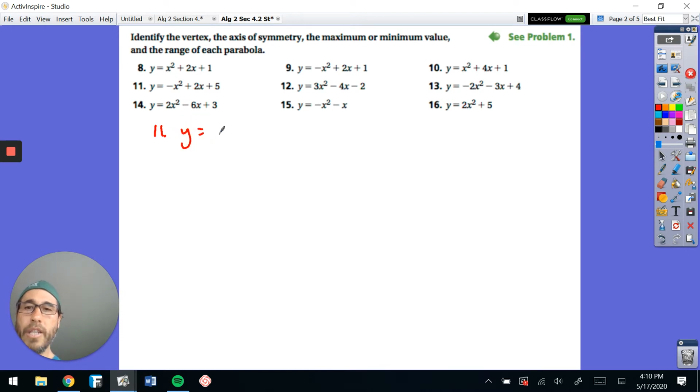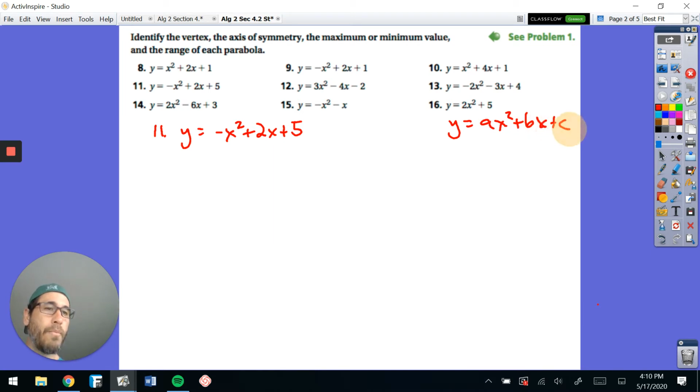So let's go y equals -x squared plus 2x plus 5. Now remember, our standard form is this. The first thing we want to do is find out what A, B, and C are. A is -1, B is 2, and C is 5.